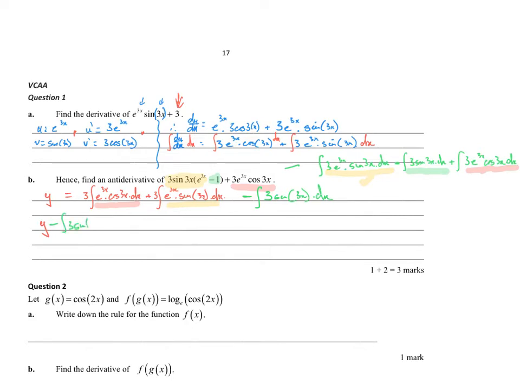Let's rewrite it: the integral of 3e to the 3x cos 3x dx plus 3e to the 3x sine 3x dx, minus the integral of 3 sine 3x dx.